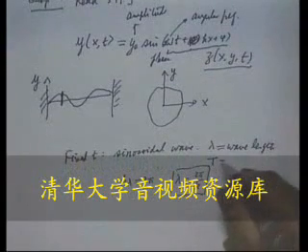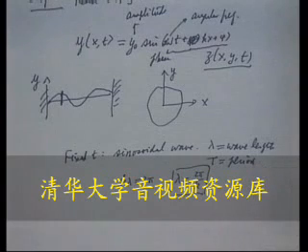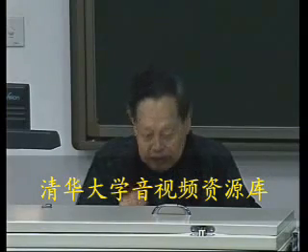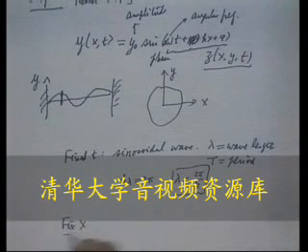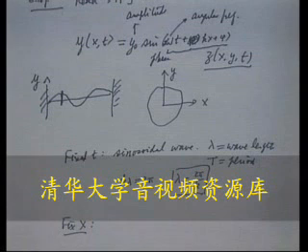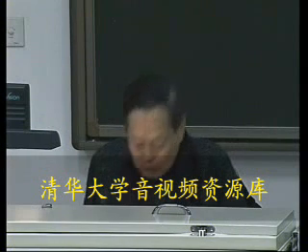T is called period. Period means, for a fixed point, fix x, then when t increases by capital T, the period, the phase should increase by 2 pi. So omega times T is equal to 2 pi. So therefore T is equal to 2 pi over omega.